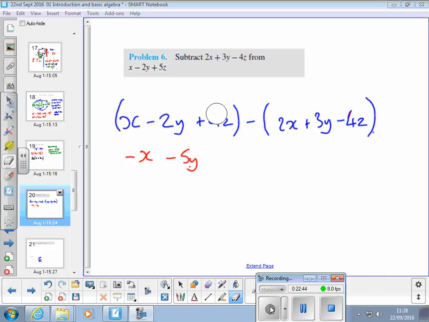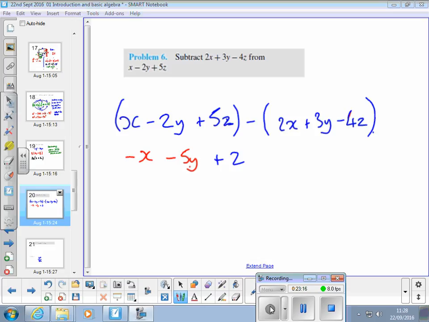This is 5, yeah? Plus 5z minus 4z. It's just 1z. Who disagrees with that?